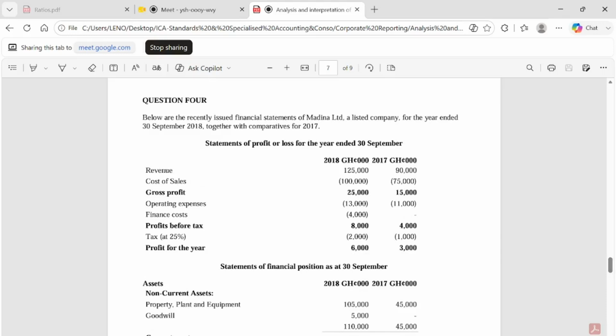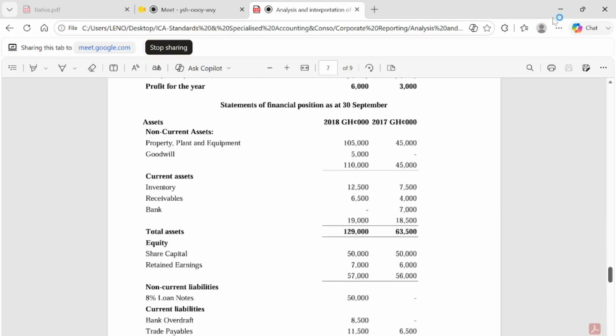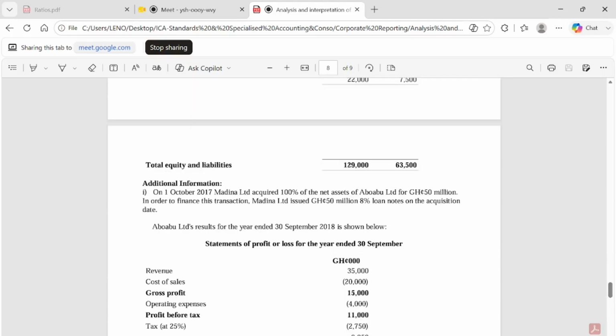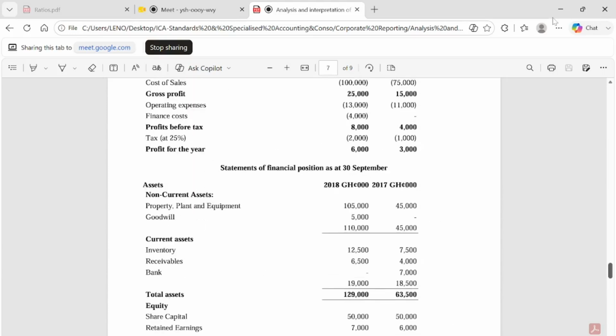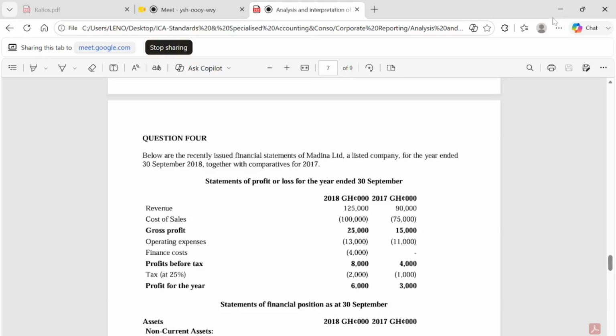This is the P&L of the parent company, Madina Limited, 2018 and 2017. In 2018, when the parent is preparing the profit and loss account, they will always include the subsidiary. They will consolidate it, right?